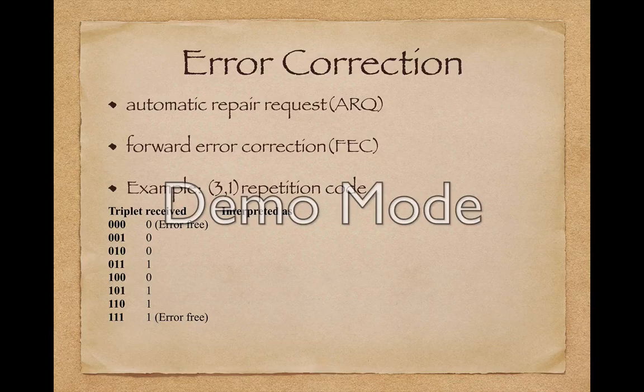For this code, there are several possible outputs when the receiver receives this code. We can see that if one bit is wrong, it can be corrected, but if it's more than one, it's not possible.